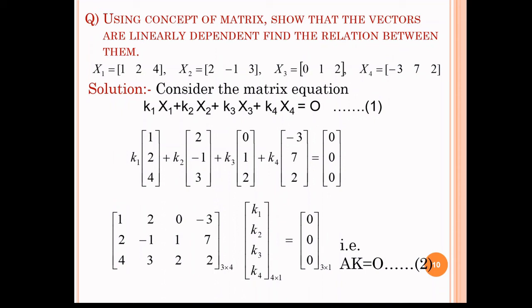Here you can observe the number of rows and columns in matrix A are not the same. So this is a rectangular matrix having 3 rows and 4 columns.